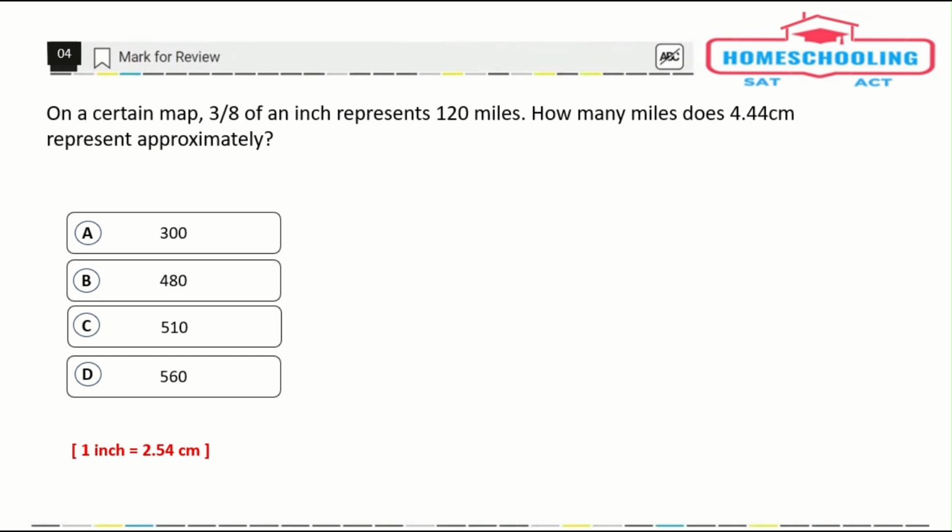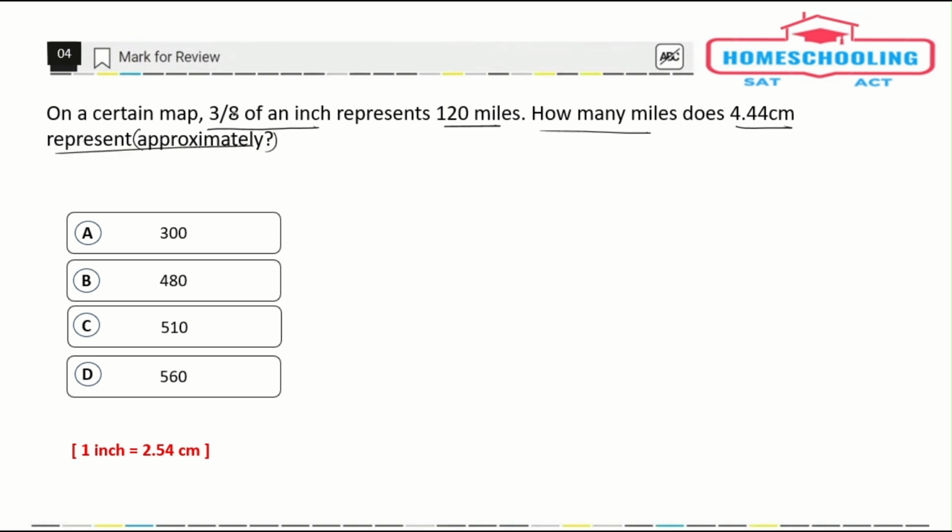In question number 4, it says that on a certain map, 3 by 8 of an inch represents 120 miles. Then how many miles does 4.44 centimeters represent approximately?